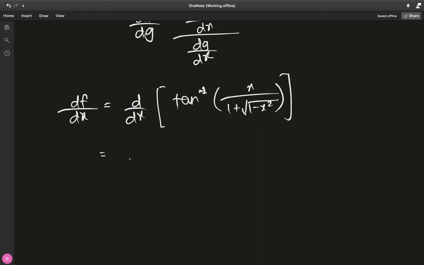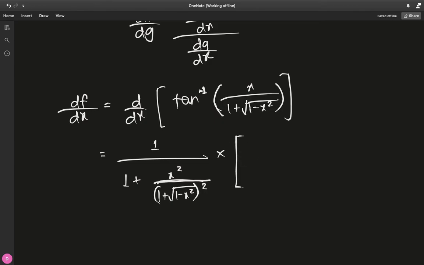Don't worry. So we have 1 plus argument squared, x squared over 1 plus square root of 1 minus x squared whole thing squared, times the derivative of this inner part. So for that we have to use the quotient rule.